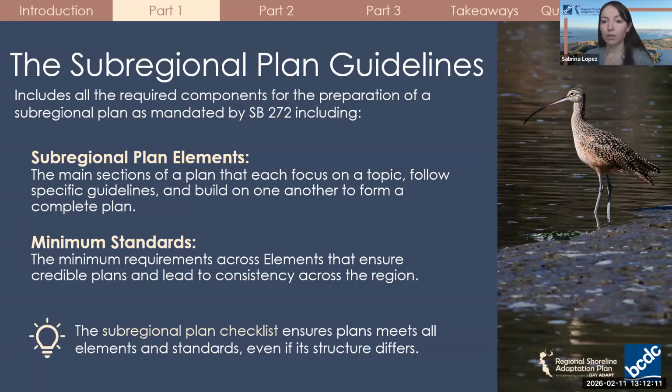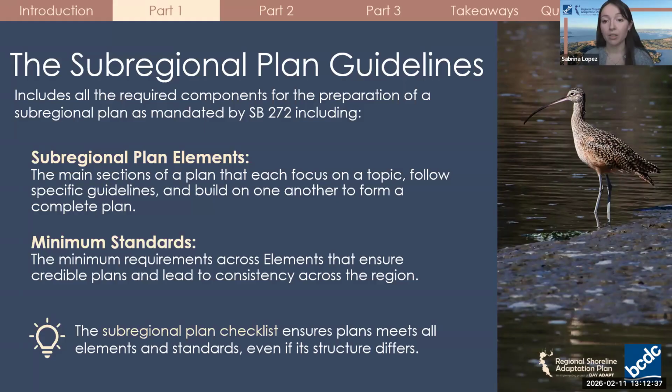The guidelines are structured around two main components, subregional plan elements and minimum standards. So plan elements are the main sections of a plan. Each element focuses on a specific topic, follows specific guidelines, and together they build a complete and cohesive plan. Minimum standards are the minimum requirements across those elements.